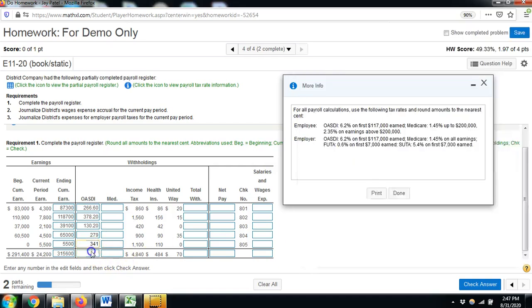Looks right. Okay, so now let's move on to Medicare. So we just see that all of our amounts are under the limit, so they're all going to be just at this 1.45%.